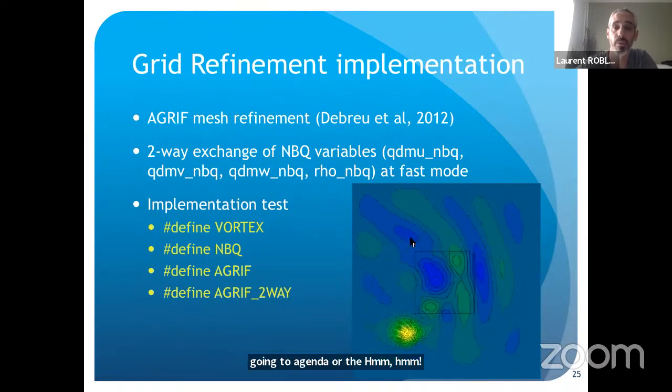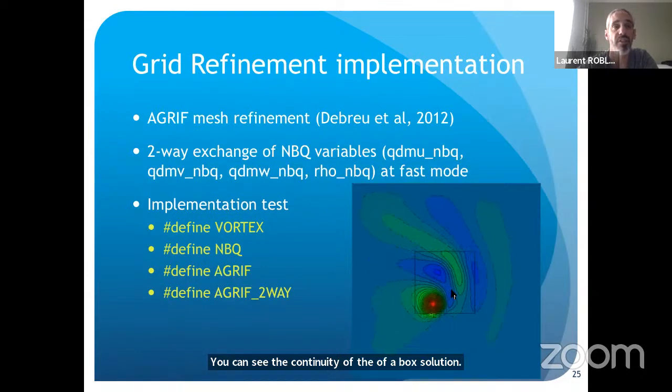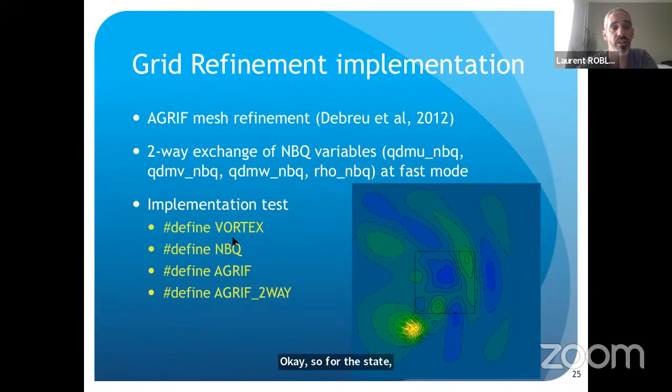You can see the continuity of both solutions over the parent grid and over the child grid. For this test, these are the keys: vortex, NBQ, AGRIF, and active two-way.